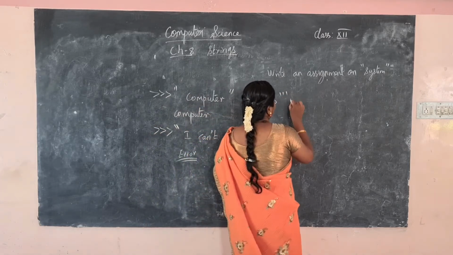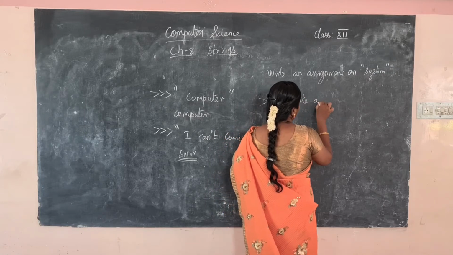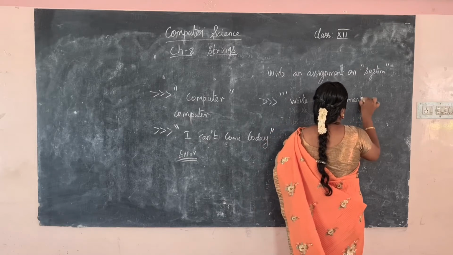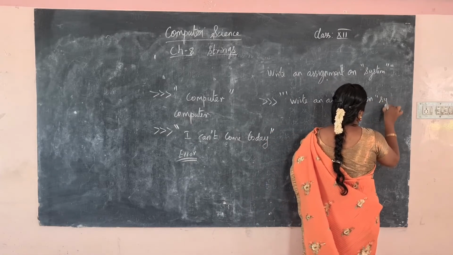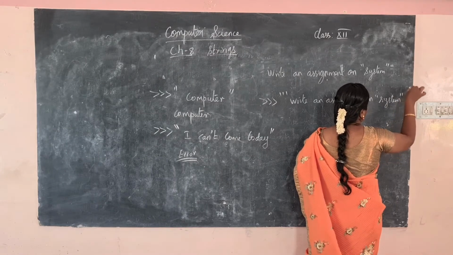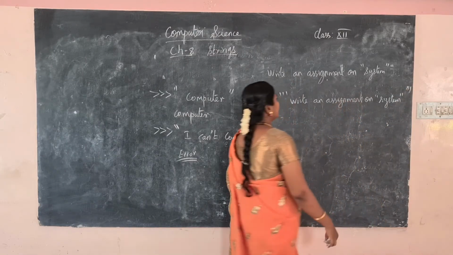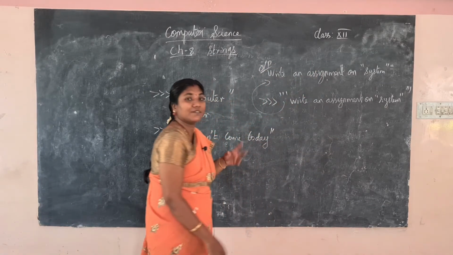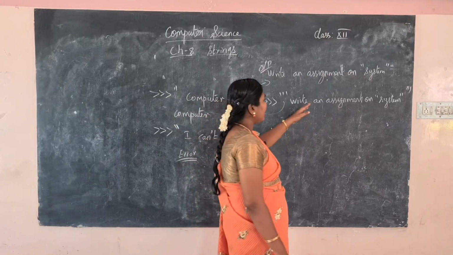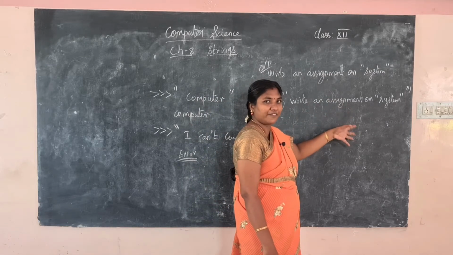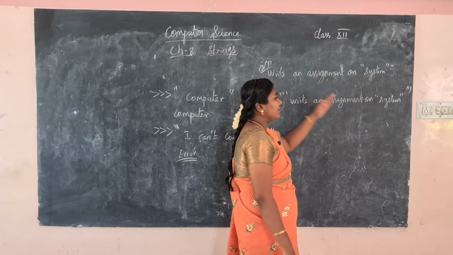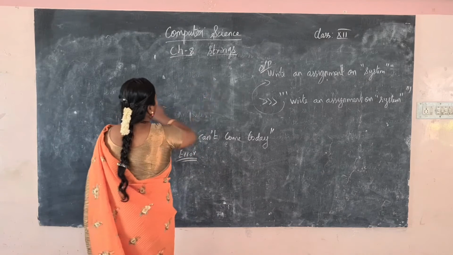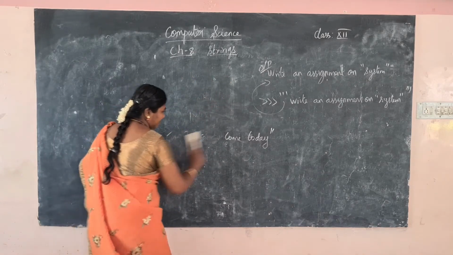Within triple quotes, I specify this line, write an assignment on system, and then I specify the triple quotes. Now I will get the output as write an assignment on system with double quotes. So if you want any double quotes or single quotes to be specified as they are in the output, it's better you give them within triple quotes. Clear? Next we will see how the strings are accessed.